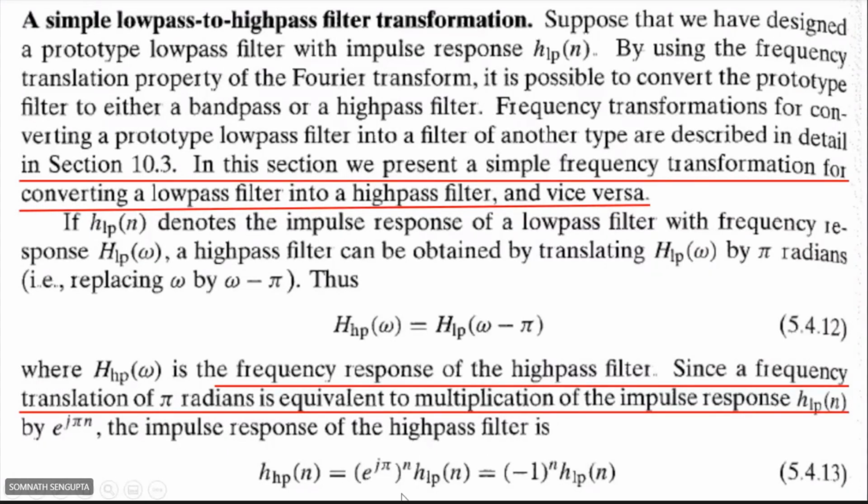So e to the power j pi, you know, is -1. So it is (-1) to the power n times h_LP[n]. So this is the formula, or effect, in the time domain when we translate the frequency variable or convert the low pass filter to a high pass filter.